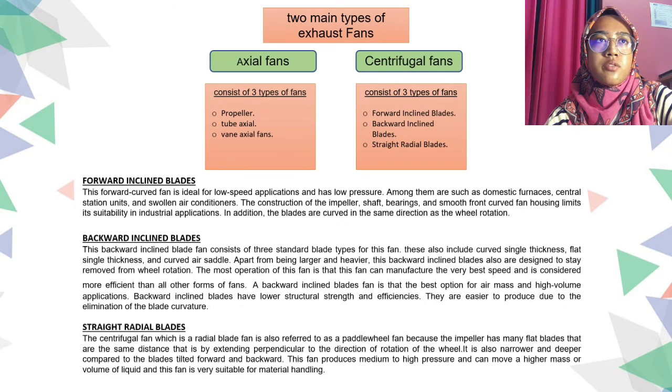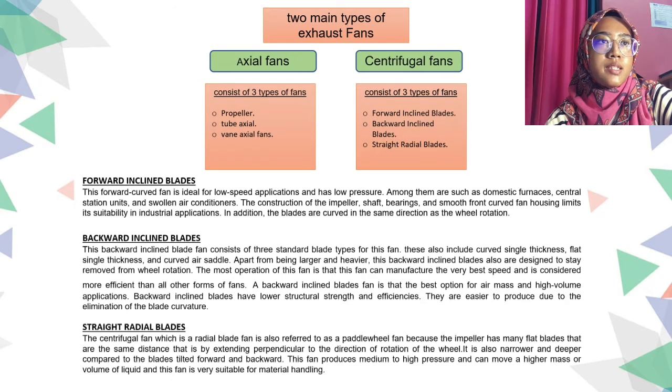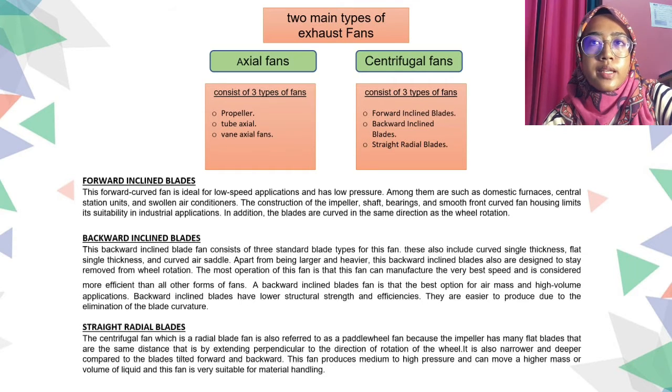For centrifugal fans, there are three main types of centrifugal fan: forward inclined blades, backward inclined blades, and straight radial blades. Forward inclined blade. This forward curved fan is ideal for low speed applications and has low pressure.